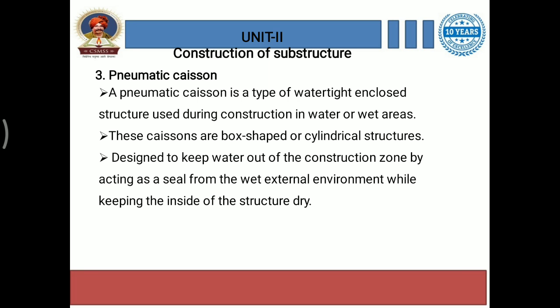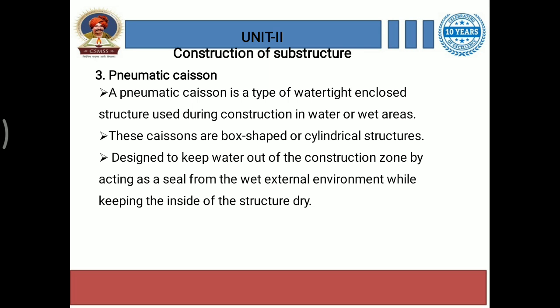And then third one is pneumatic caisson. A pneumatic caisson is a type of watertight enclosed structure used during construction in water or wet areas. Okay, these are specially constructed where the amount of water available is large or the soil contains lots of water. In that case, pneumatic caissons are constructed.